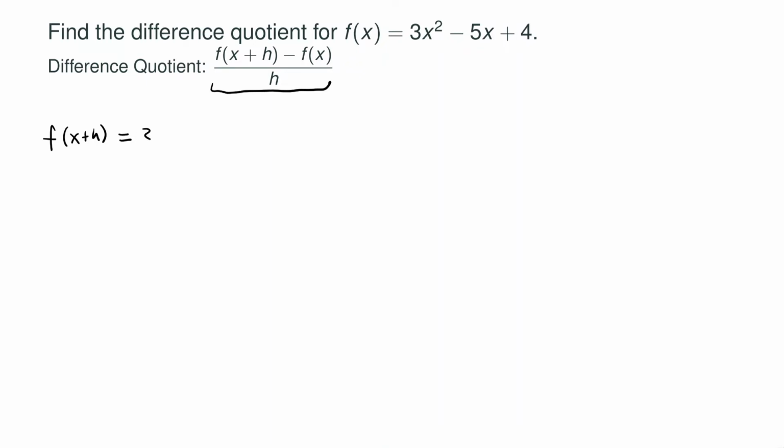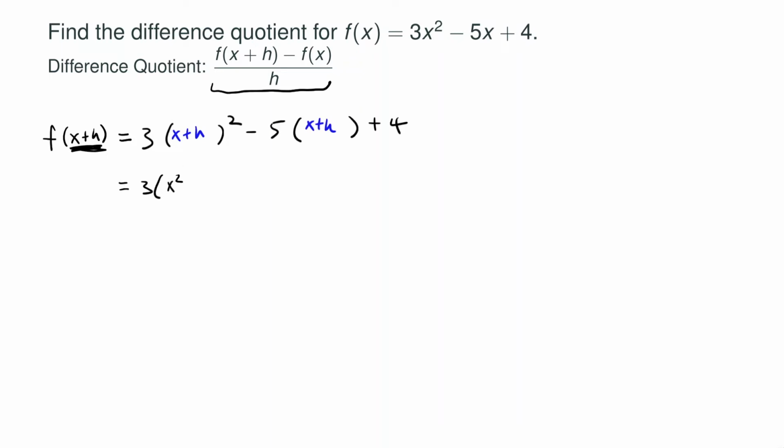So we do 3 times (x plus h) squared minus 5 times (x plus h) plus 4. Now the input is not x anymore. The entire input is x plus h. Then simplify this by multiplying out.